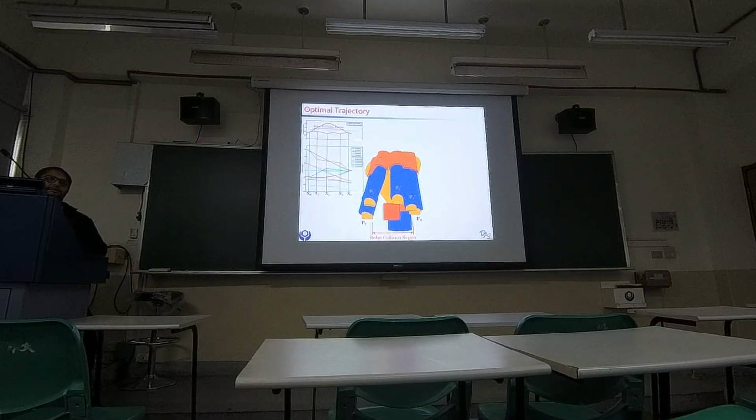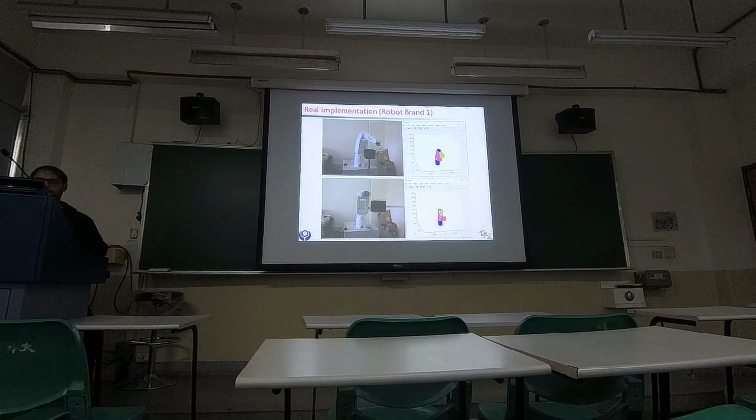Now you can see this demonstration in the actual video. Here you can see that these are the obstacles, and it generates a new trajectory. And why this method is better than other algorithms is because it's not a random search based method. It doesn't search in a random way.